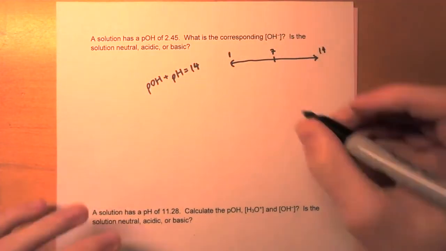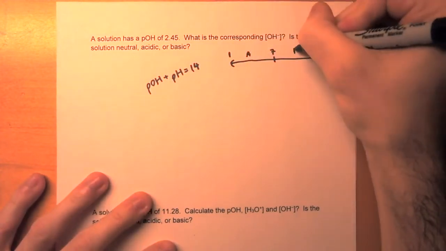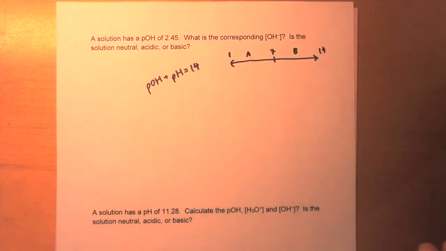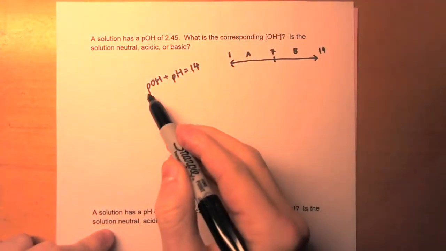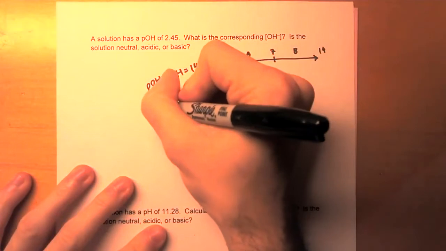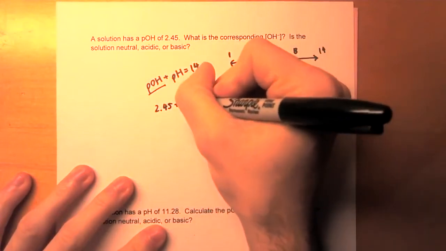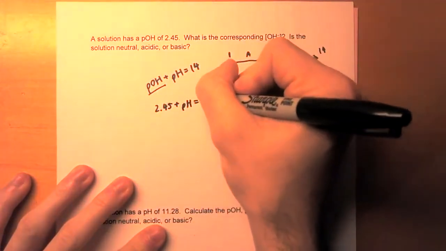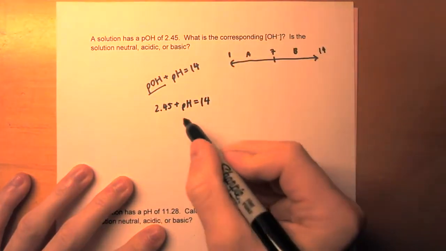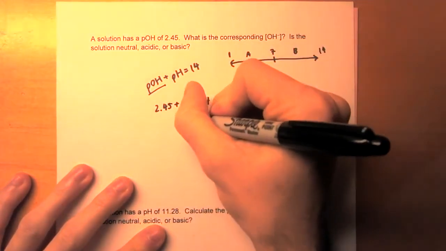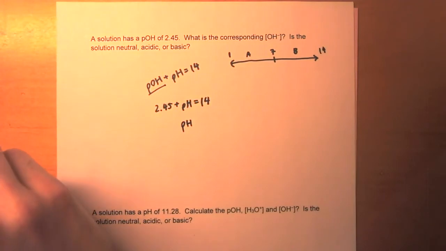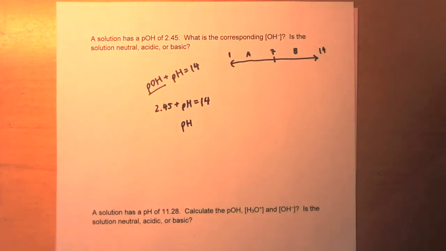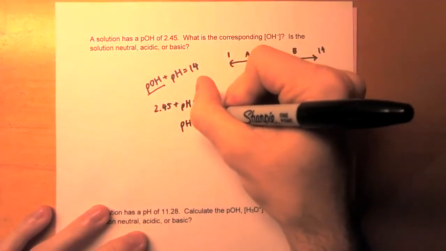So this is acid, this is base. We're looking for the pH of a 2.45 pOH solution. We already know this term. So 2.45 plus pH is equal to 14. I would subtract the 2.45 over, and I get a pH of 11.55.